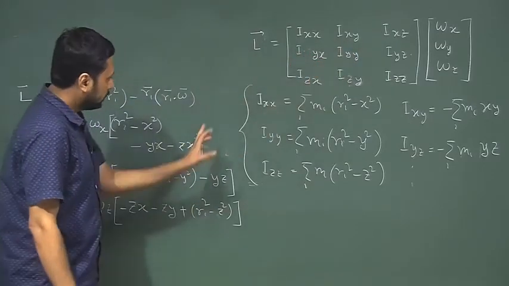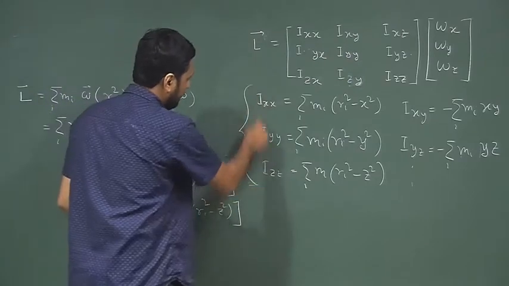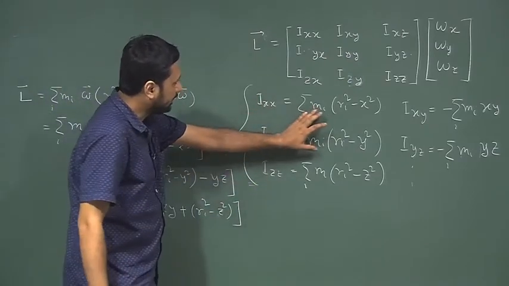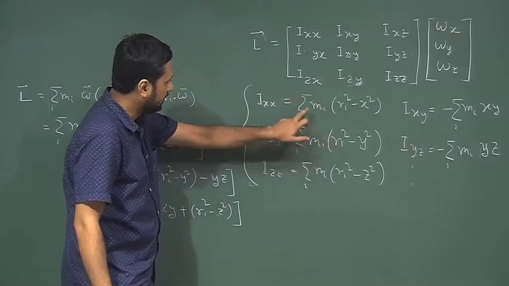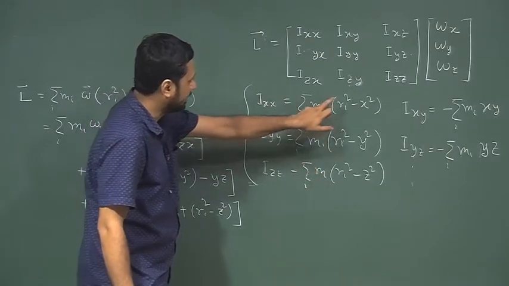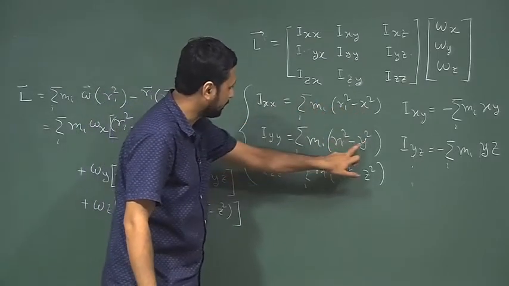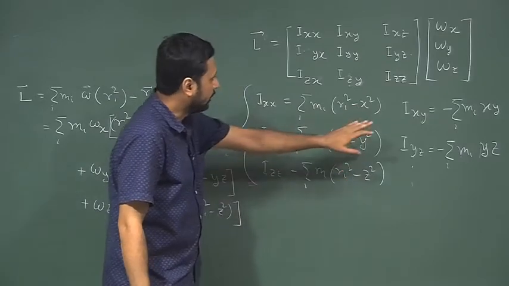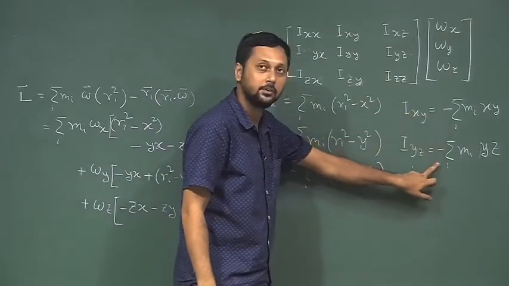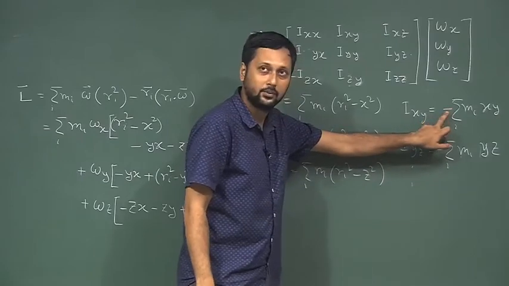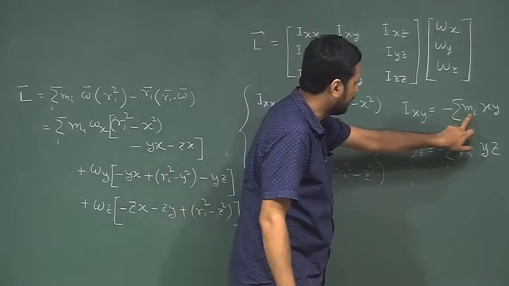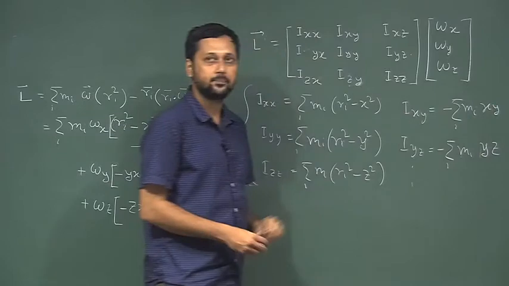Okay. So, we see the diagonal term has a specific form: sum over i m_i, r_i square minus x square, r_i square minus y square, and z square. Whereas, off diagonal terms also have a specific form, they come with a negative sign and have the form m_i times x y.